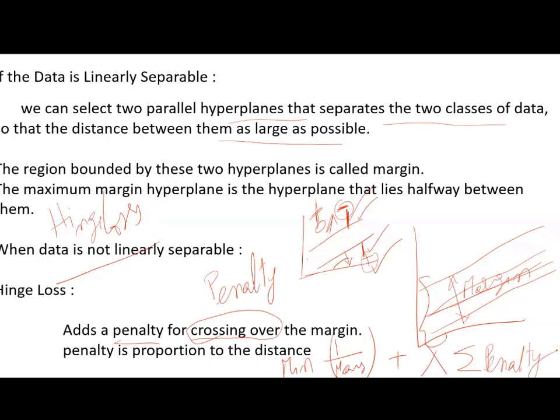Now quickly let us see the drawback of this support vector machine when data cannot be linearly separable. Suppose a simple case, just take a simple case. For example, this is 0. Some points are here, some are here.